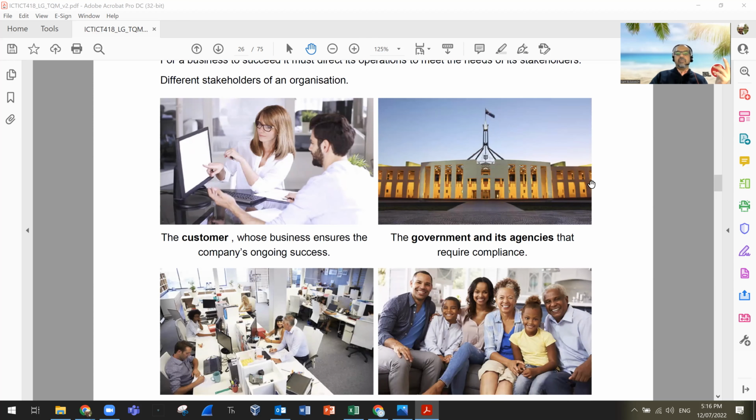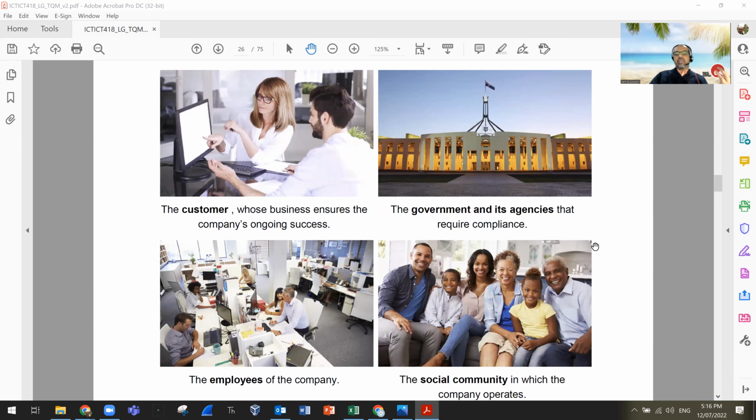So we have different types, as we mentioned. We can have customers, whose business ensures the company's ongoing success. We have government and its agencies. They will require compliance. Compliance of what?